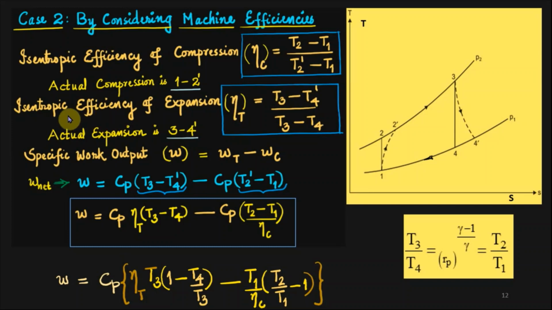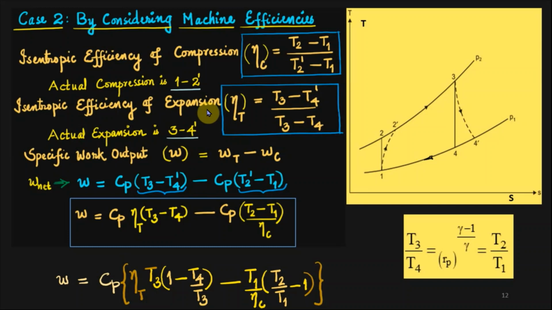Now the actual expansion is represented by 3 to 4 dash, and the respective temperature difference is T3 minus T4 dash, and the isentropic expansion is 3 to 4. So the temperature difference is T3 minus T4.